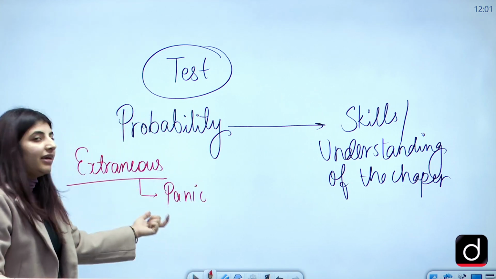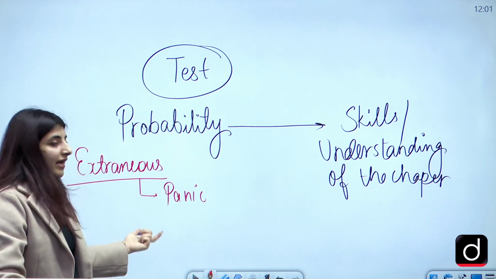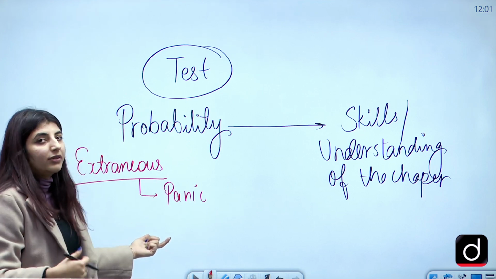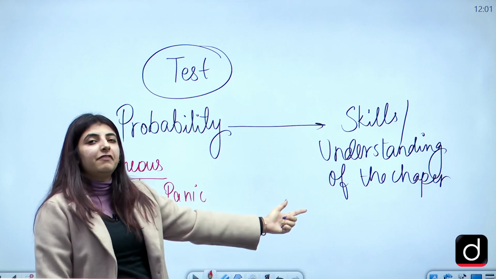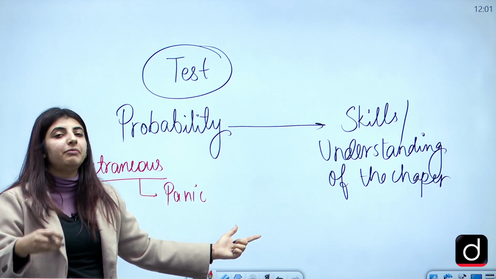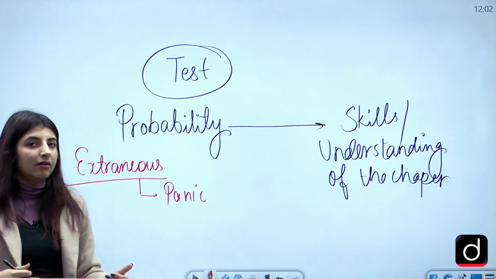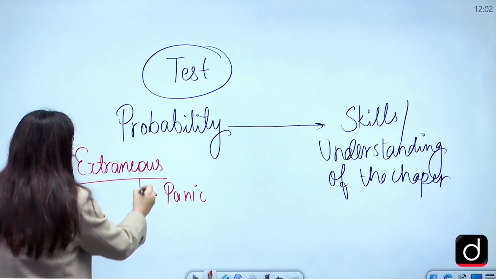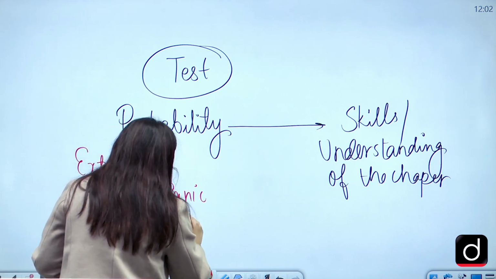And now, a person who is panicked because he or she does not know the concepts clearly will obviously have an effect on their scores. So the scores will deteriorate, the scores will be lower, right? Because the person was panicked, the person did not understand the concept properly.